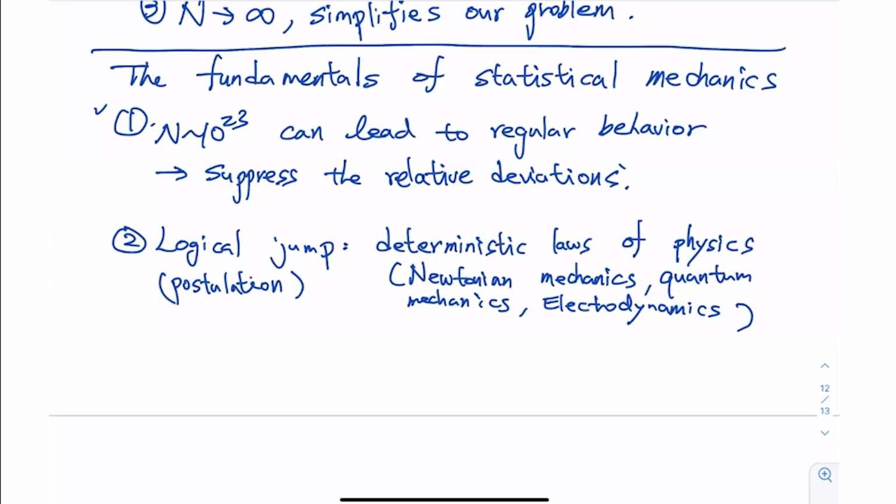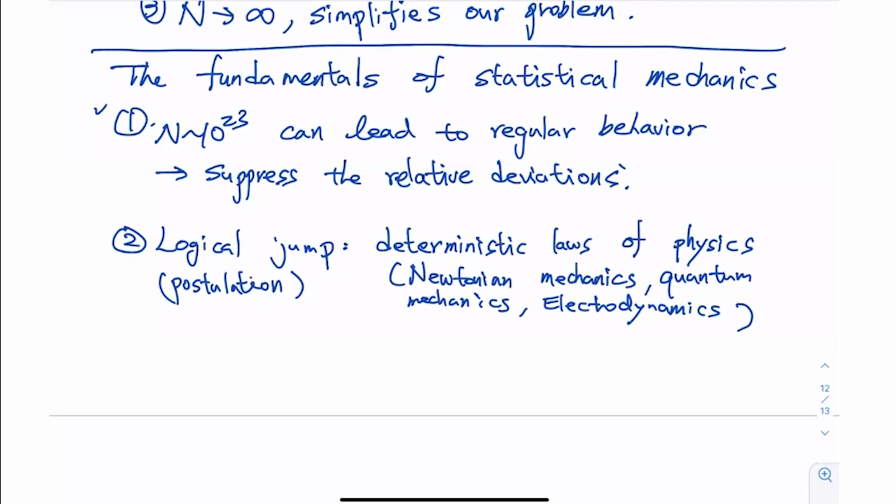what statistical mechanics is trying to do, the logical jump it makes, is that it postulates that when the degrees of freedom are so huge that all the microscopic components interact with each other in a pretty much chaotic way, then maybe a very good approximation we can make is that we basically give up the deterministic understanding of our system, but maybe we can describe our system using some probabilistic description.